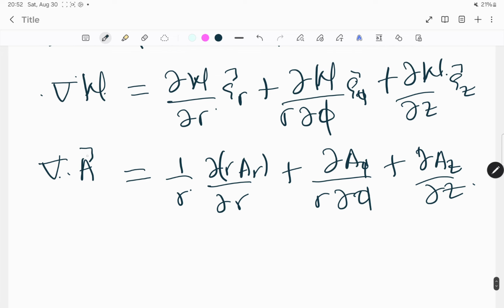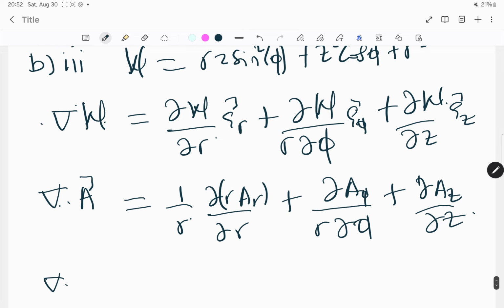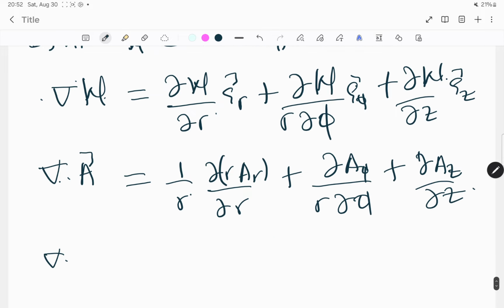Now we look at this vector A to be the same as our gradient of the scalar function.